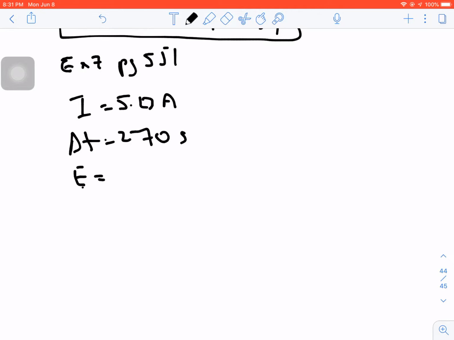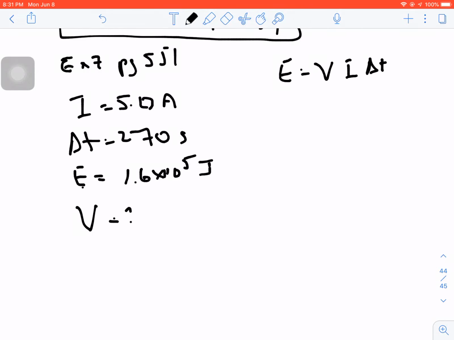And that energy that's going to be delivered is 1.6 times 10 to the 5 joules. Okay, and the question is, what is the potential difference? Now, if my formula says E is equal to VIΔt, I could solve for V by taking the IΔt from this side down to the denominator. So V will be equal to E over IΔt.